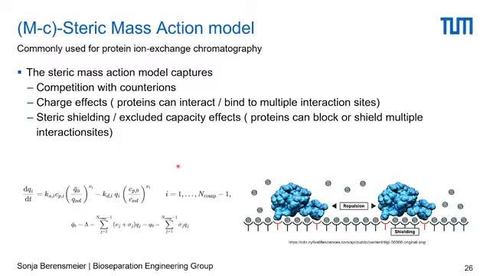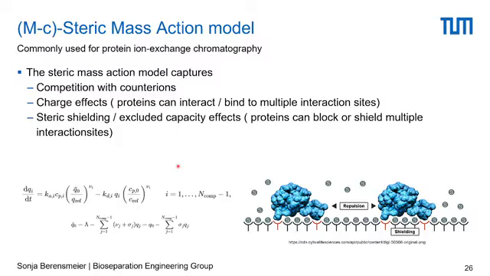This multi-component Langmuir model still makes a lot of assumptions, the main one being that each molecule is only binding to one site and there's no interaction between the bound molecules. However, this is in many cases not complex enough to describe what is actually happening on the surface. And this is why we're going to look at an additional adsorption model, mainly the steric mass action model, in this case again a multi-component steric mass action model.